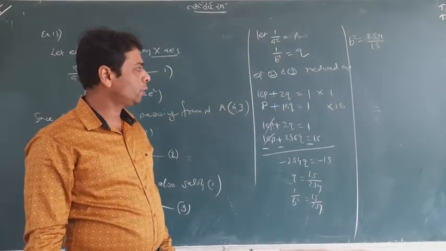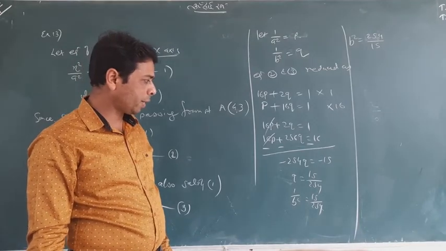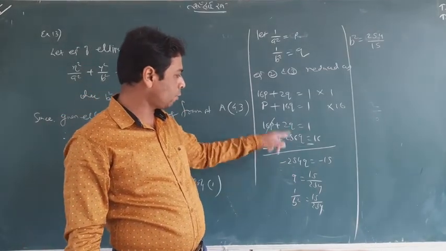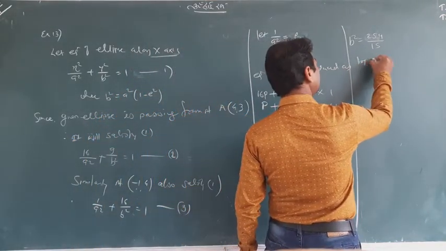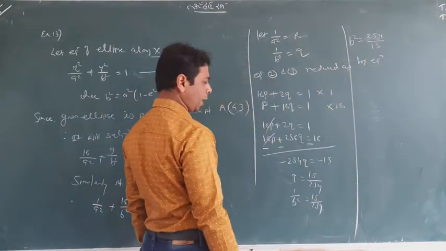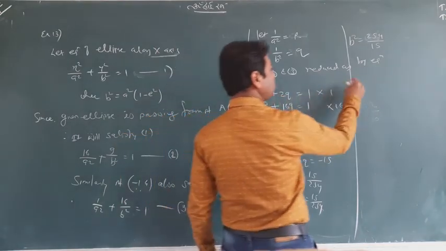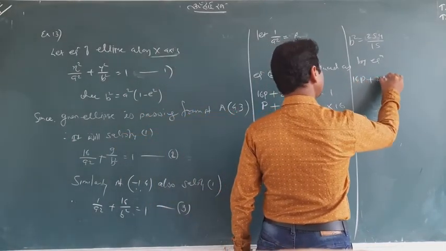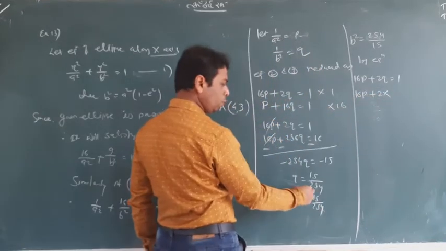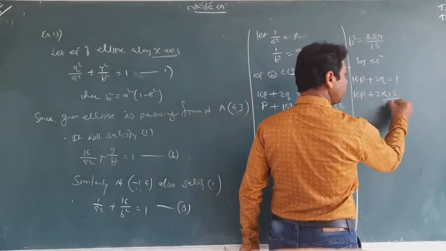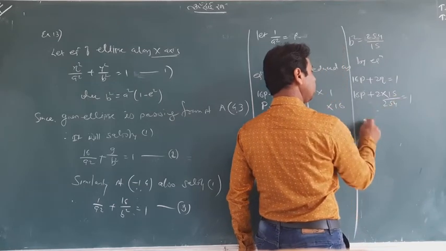Now I want the value of a square. How will I get it? I'll put the value of q in one of the equations and I'll get p. Any equation you can choose. I wish to choose the first one: 16p plus 9q equal to 1. 16p plus 9 into the value of q, 15 upon 247, equal to 1.